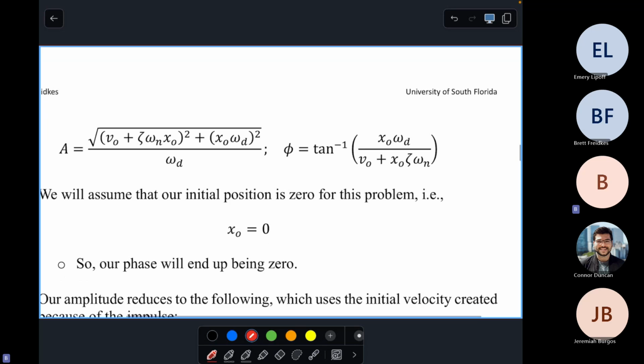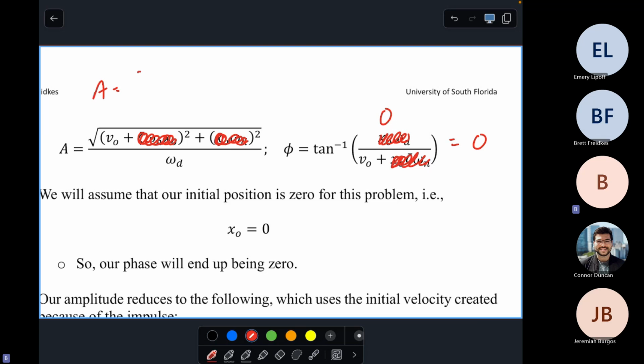But for this impulse, we'll say that x naught is 0 because the mass is just hanging out. So all the terms with x naught go away. So that goes away. That goes away. And then this goes away. Also this, but what's the phase? That's 0. What is the amplitude? V naught over omega d.